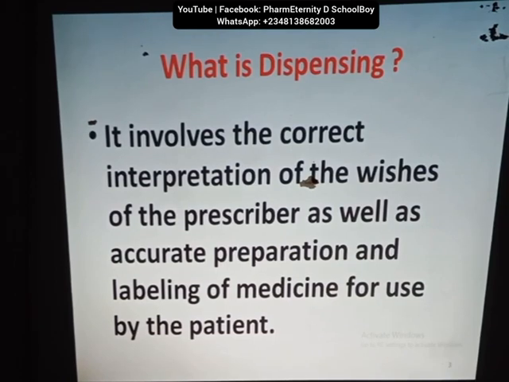While interpreting the wishes of the prescriber, there should be accurate preparation, with no error, and the medicines should be properly labeled so that the patient will not make mistakes using them.